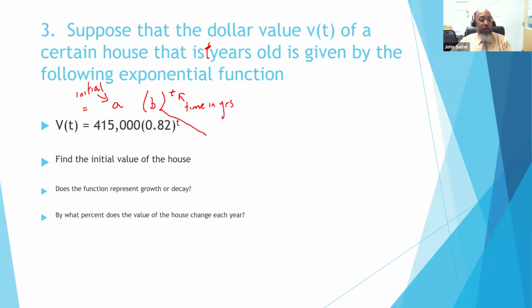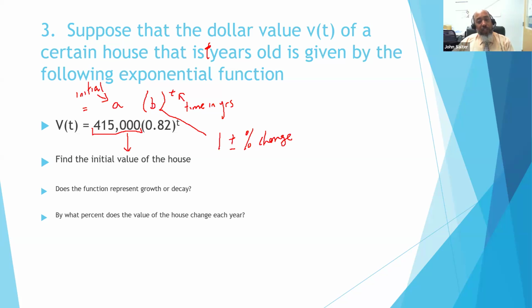So it's 1 plus or minus my percent of change. Just to kind of define the function. So to find the initial value, it is this number out front. The initial value of the house is $415,000.